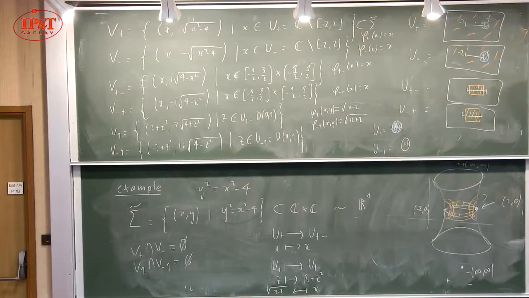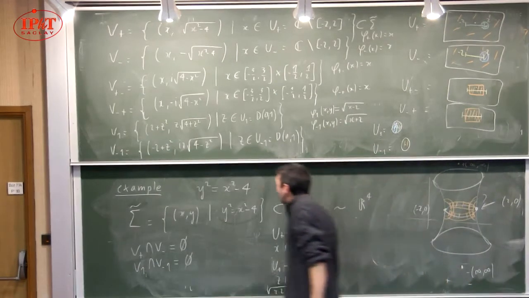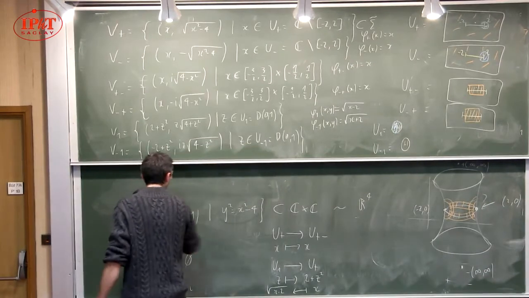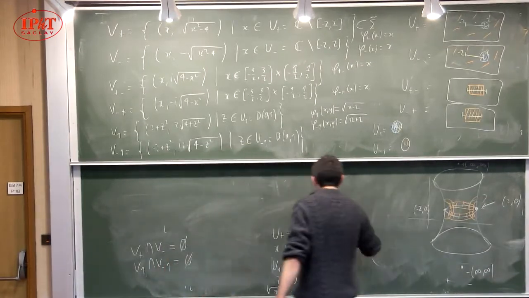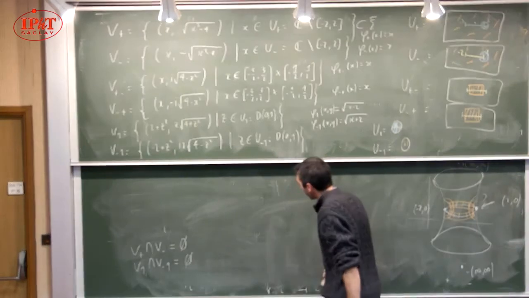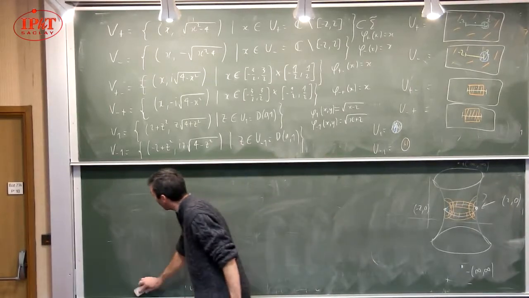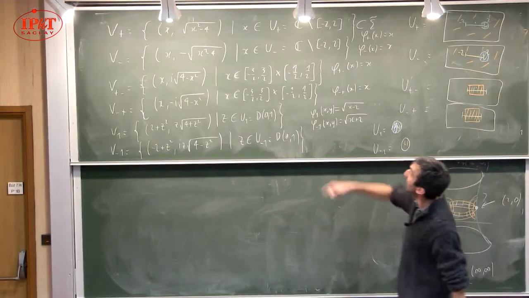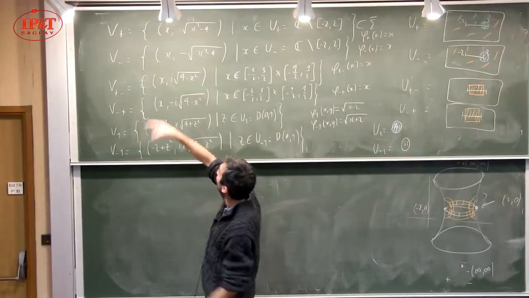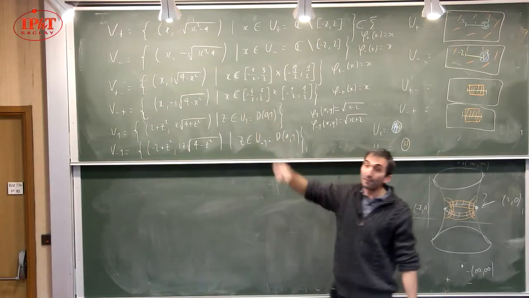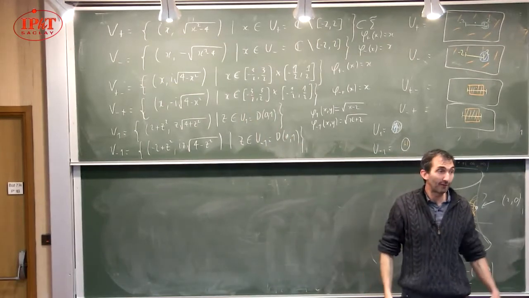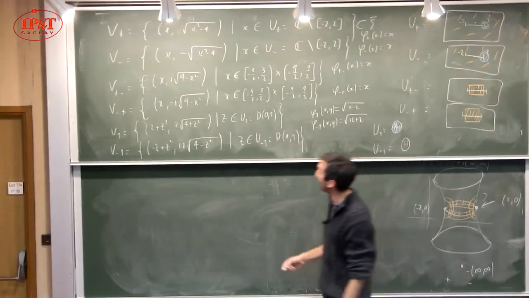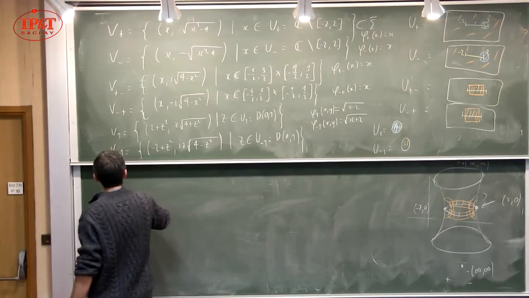So I want to define 2 new points, and I will need to define 2 charts that are the neighborhoods of those new points. It's very similar to how we compactified C to get the Riemann sphere. And somehow here I will compactify the large region of V plus in the same way we compactified C to get the Riemann sphere.